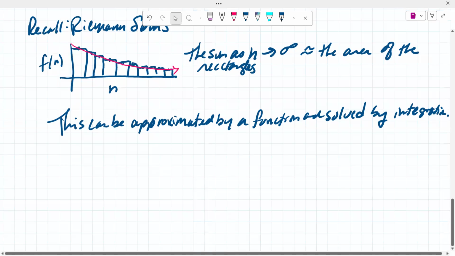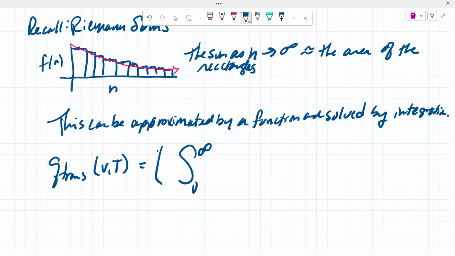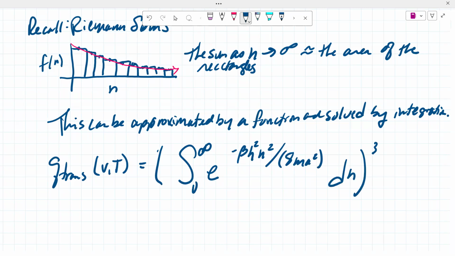So just let n be a continuous variable and then integrate. This converts the sum to an integral. So the integral from 0 to infinity of e to the negative beta h squared n squared over 8ma squared dn cubed.